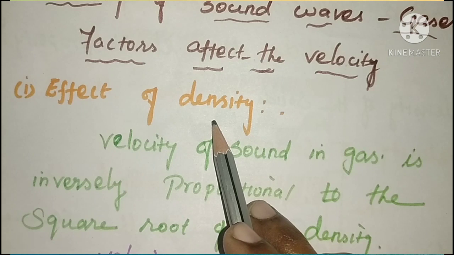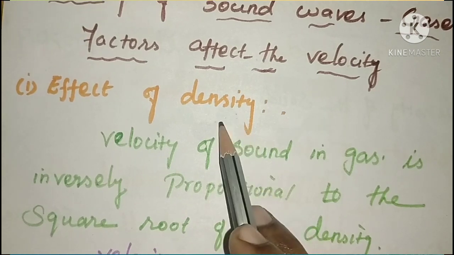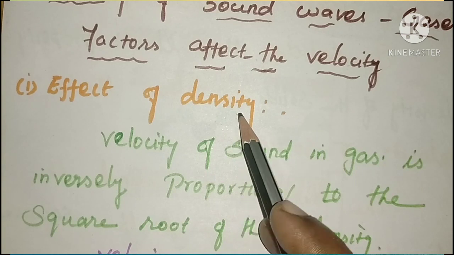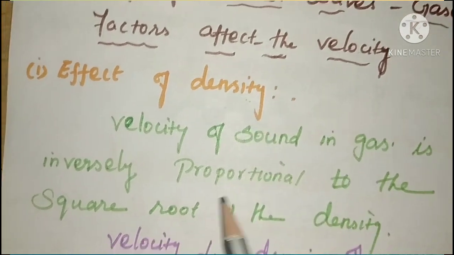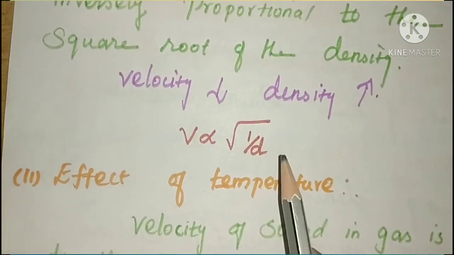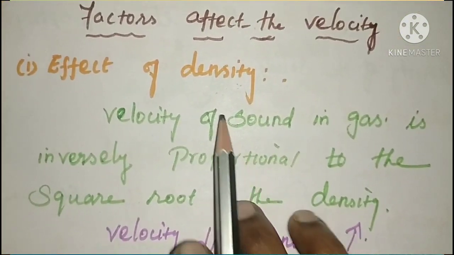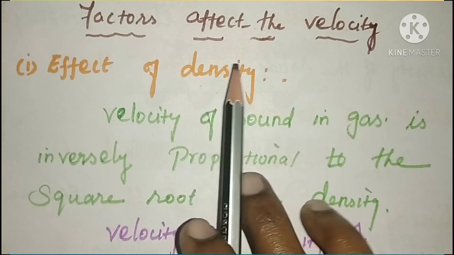The density of the medium will affect the velocity of the sound, and also the temperature. The temperature also affects the velocity. And the last one is the humidity of the air, which also affects the velocity. So first we can see them one by one. The first factor that affects the velocity is density.